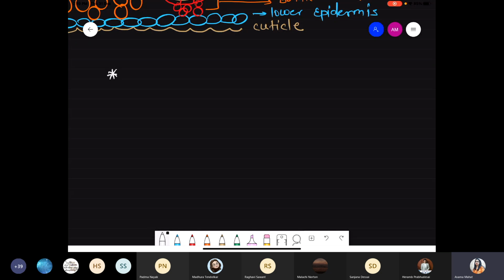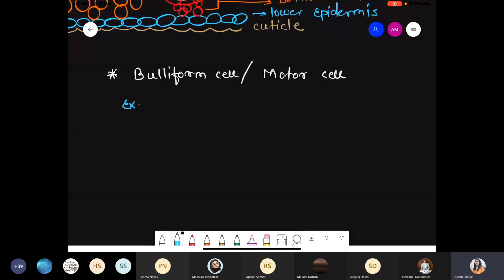The leaf anatomy part is covered. Now we are talking about the second important point, which is very important: bulliform cells, also called motor cells. These are mostly present in the monocot leaf; they are part of the monocot leaf.